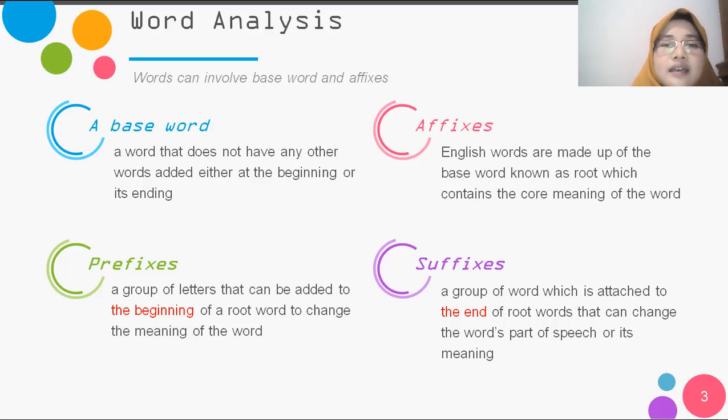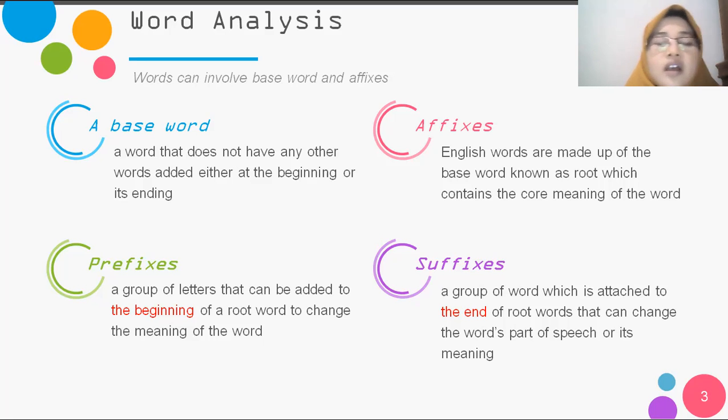So no additions in the word. Meanwhile, English words with affixes are made up of the base word, known as the root, which contains the core meaning of the word. So in affixes, there is a base word and then an addition to that word.